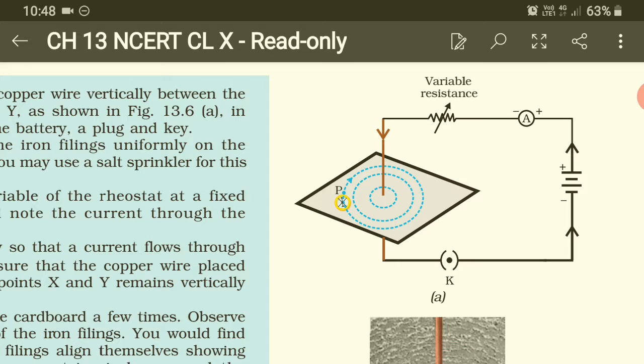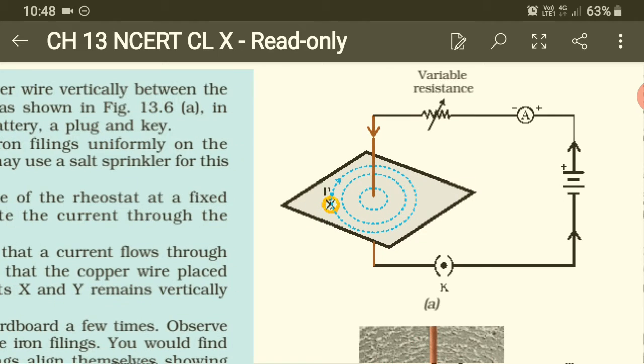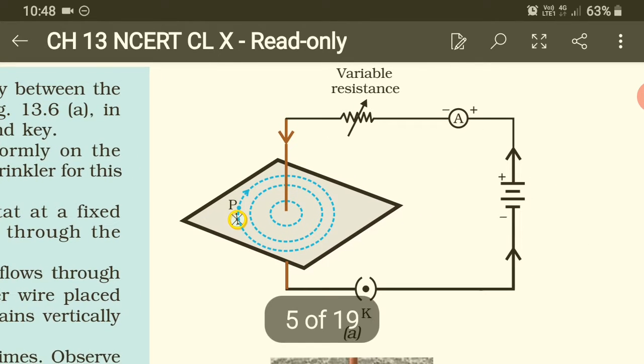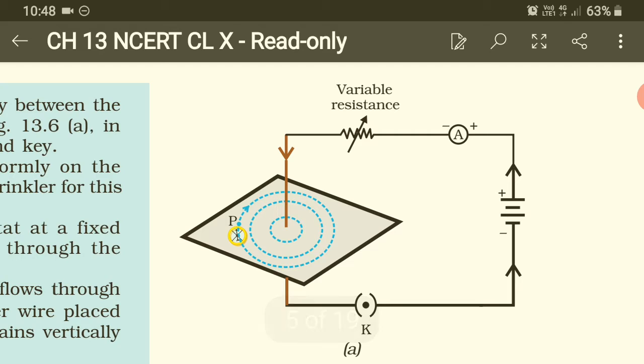This is our setup, as you can see in figure A. As soon as the current flows through this circuit, we see that there is a magnetic field around the current carrying wire, as we have learned in the previous activities.